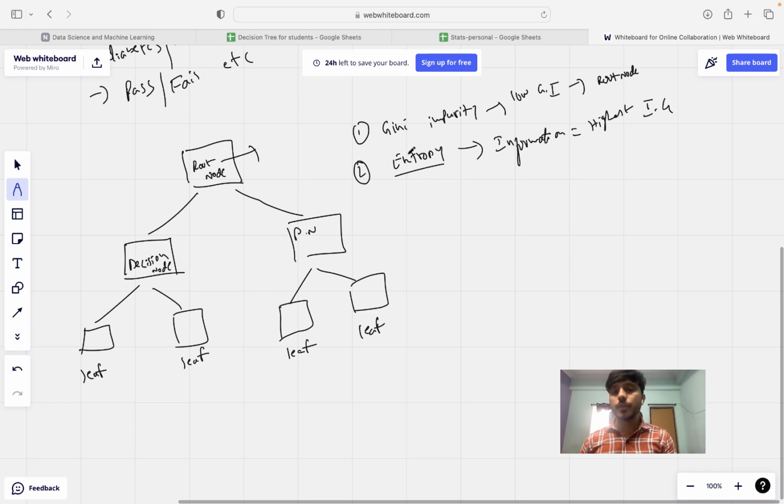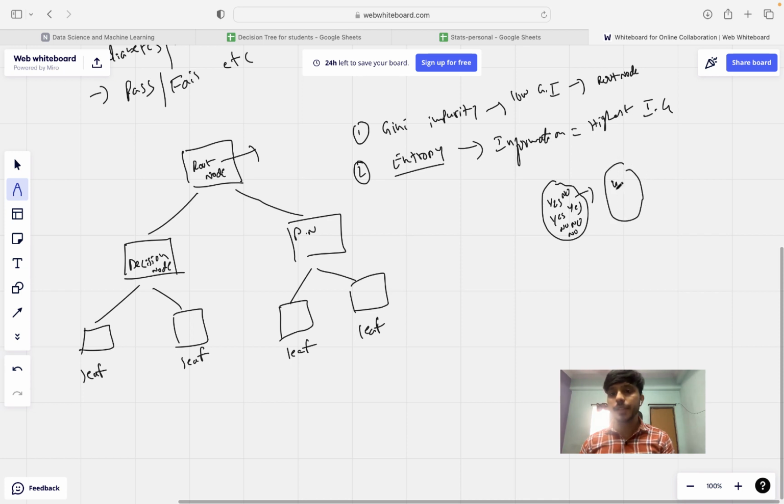So what is entropy and what is Gini impurity? At a high level, both of them talk about the impurity within a node. Let's say you have a node with yes, yes, yes, no, no, no, no. When you look at this node, you see a lot of impurity here, right? It's not a pure node.